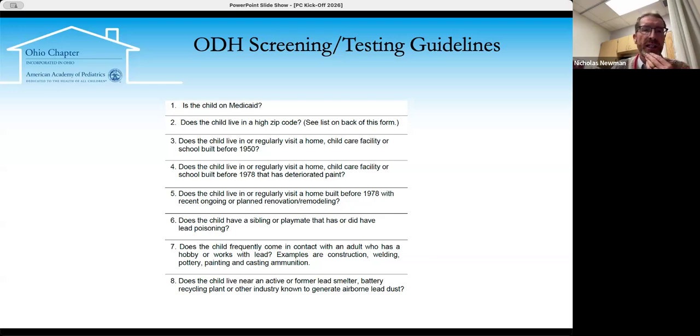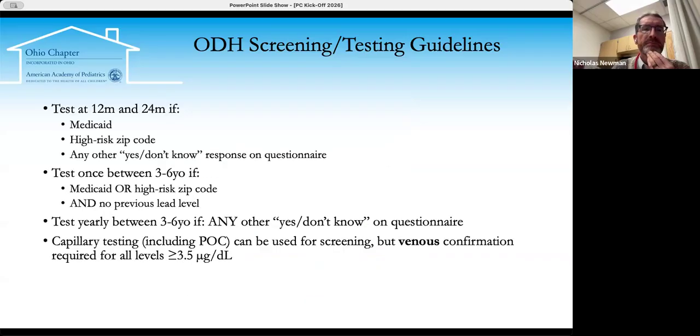Can I have the next slide? And so basically the first section here, test at 12 and 24 months if. So that is you must, because that's what the state law requires. So if the child's insured by Medicaid, if they live in a high risk zip code, or any of the questions are yes or don't know on the questionnaire.